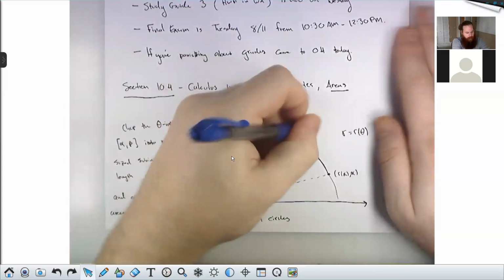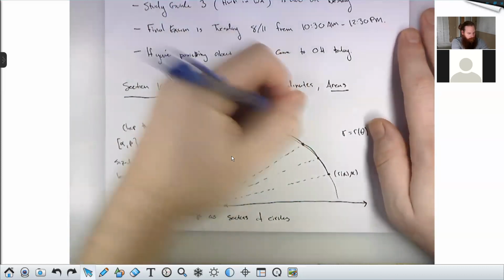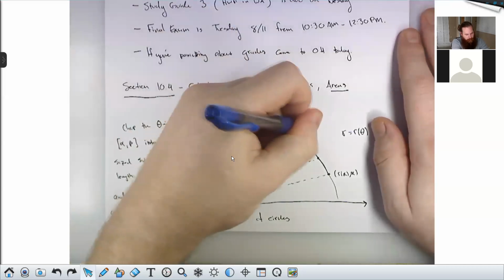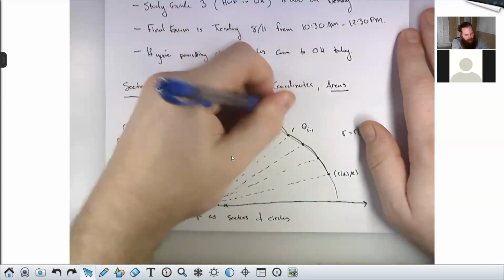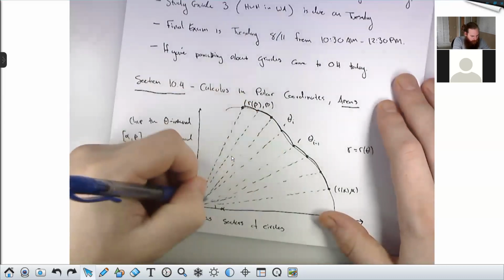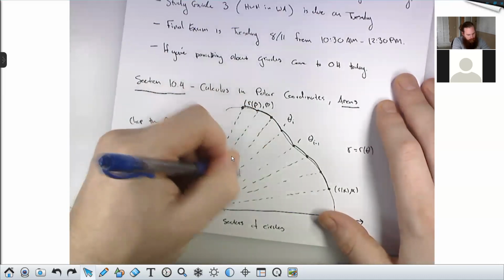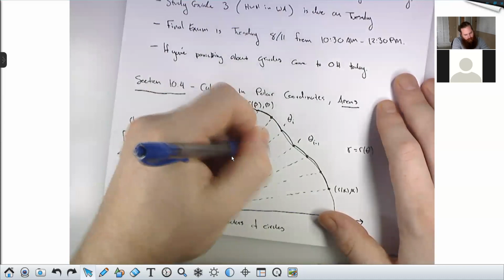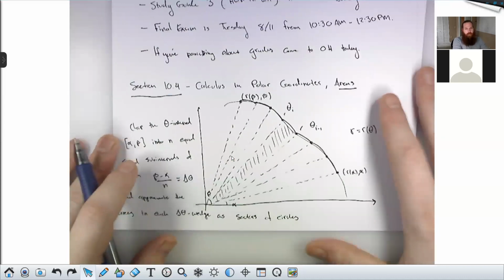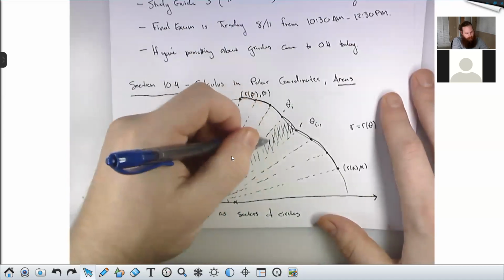So I imagine here that I have this one coming from theta i minus 1, and this is the one coming from theta i. Then the area in here, which is this one, I can pretend is the area in the sector of a circle.